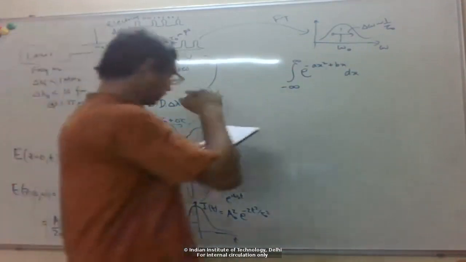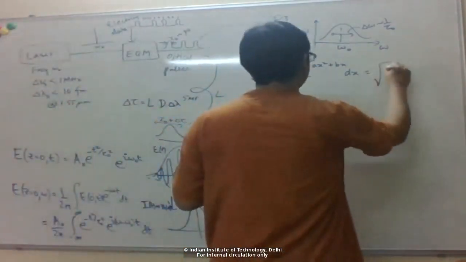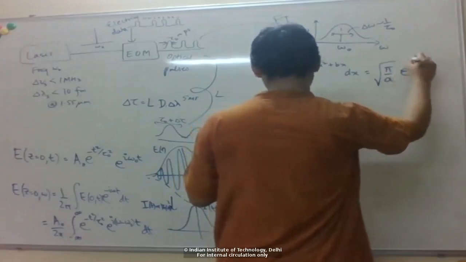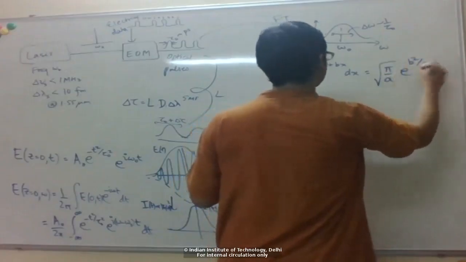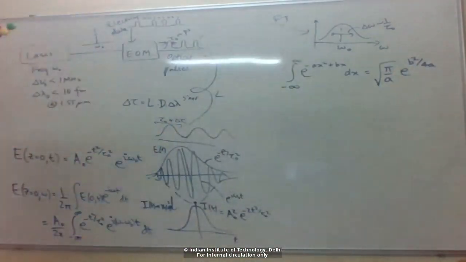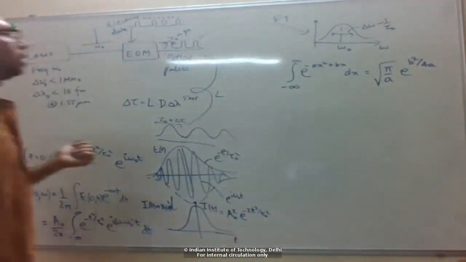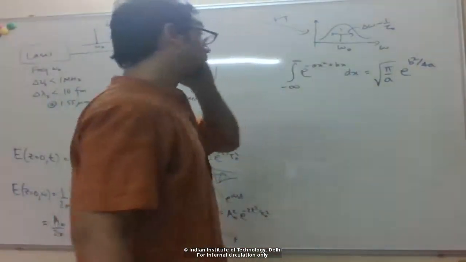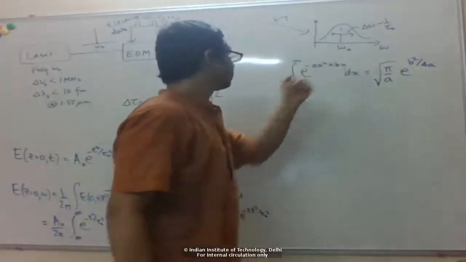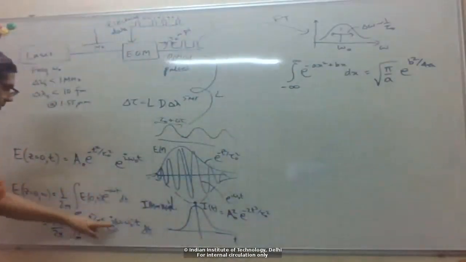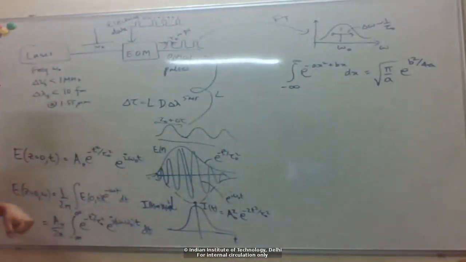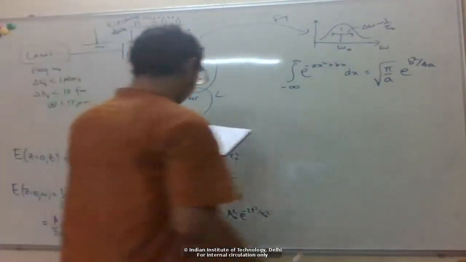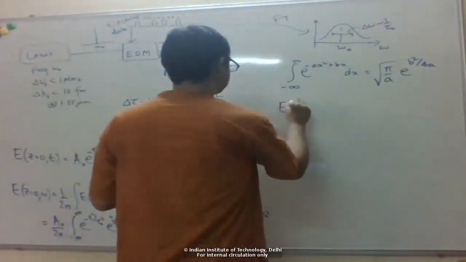This is a standard integral which has an analytical form like this, and it works even if a and b are complex numbers. Here b is a complex number, i times omega minus omega naught. If you use that formula, you get the input spectrum.